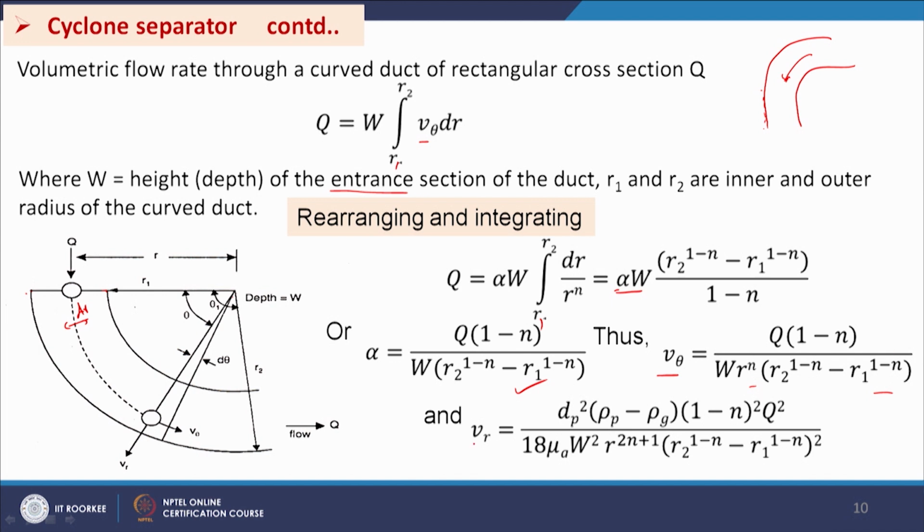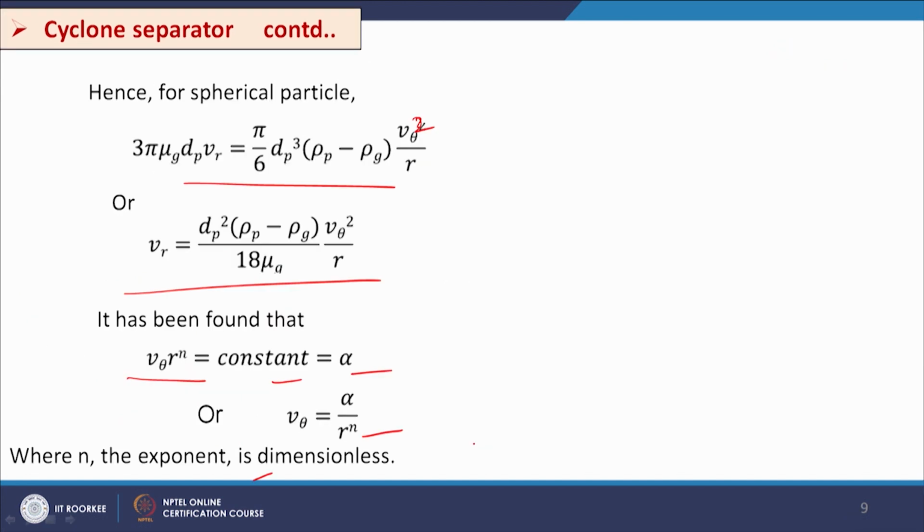V r, we have a relationship: V r is equal to d p square, rho p minus rho g, into V theta square by r, and in the denominator 18 mu g. So, we replace the V theta value here.